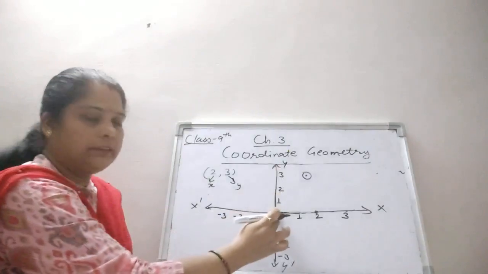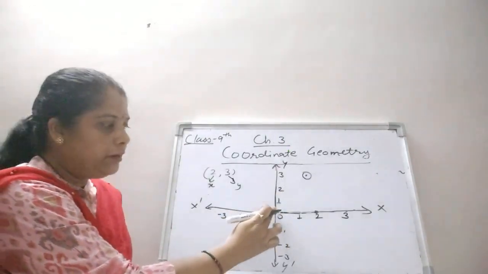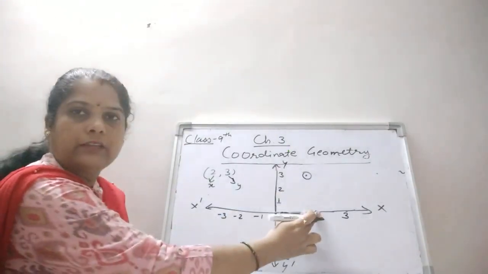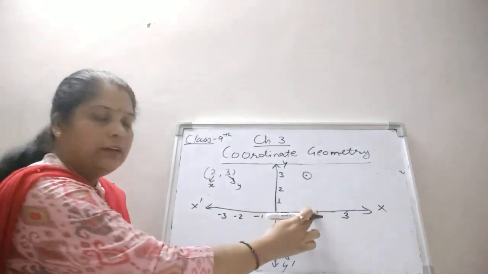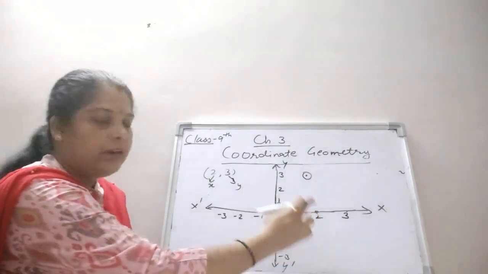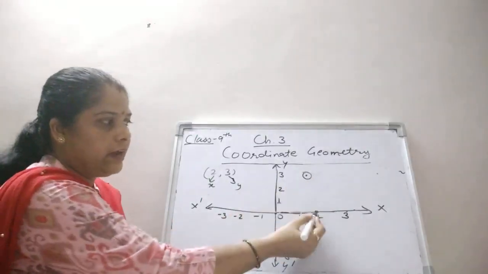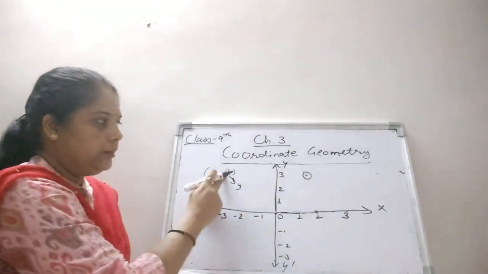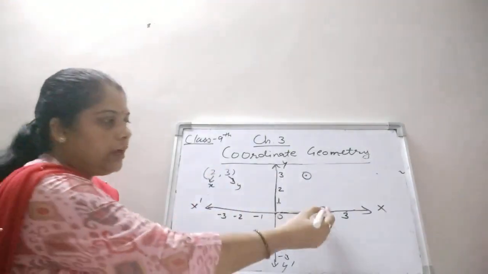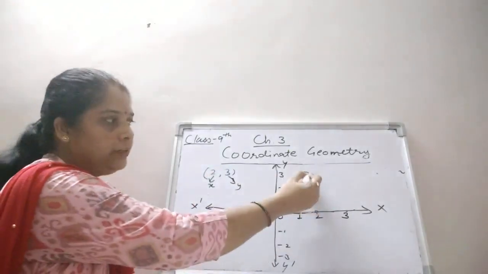Means the y-axis, the distance of a point from the y-axis, this is called the x-coordinate and the distance of a point from the x-axis, यहाँ से हम ऊपर गए 3 points because we have here 3. तो यहाँ से x-axis से हम ऊपर गए 3 points.